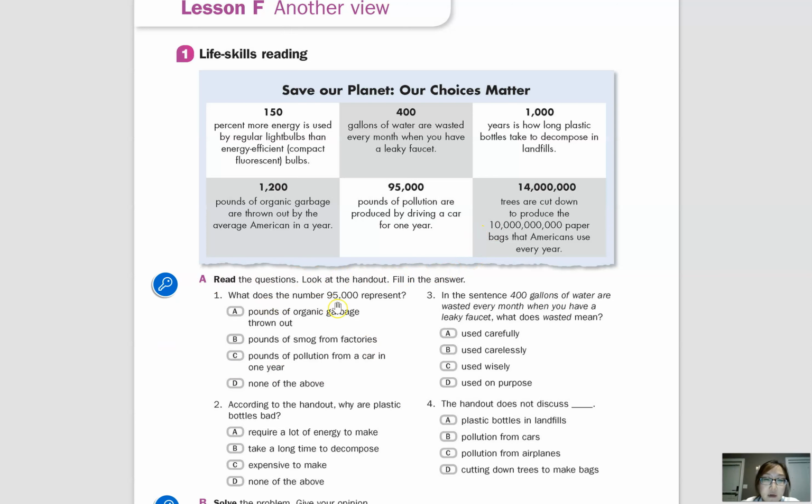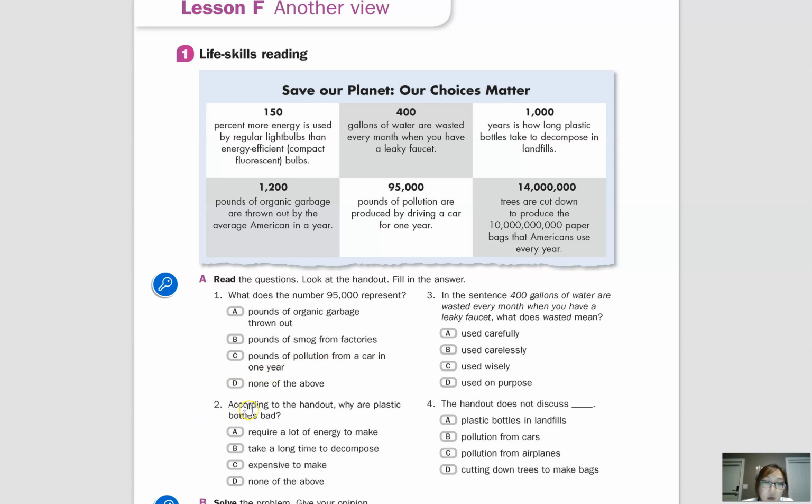What does the number 95,000 represent? So we can say the number 95,000 represents, letter C, pounds of pollution from a car in 1 year. So again, the number 95,000 represents pounds of pollution from a car in 1 year.